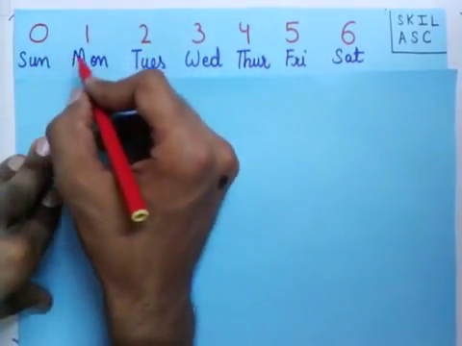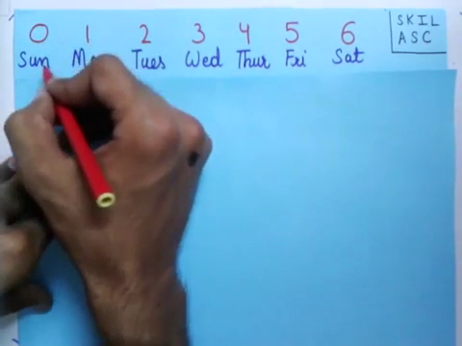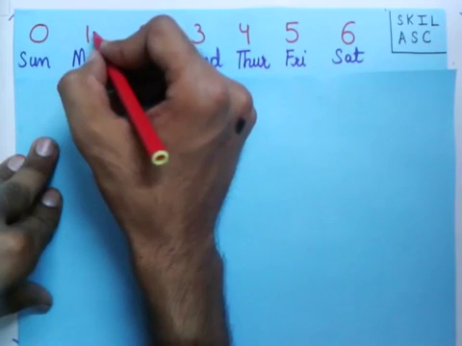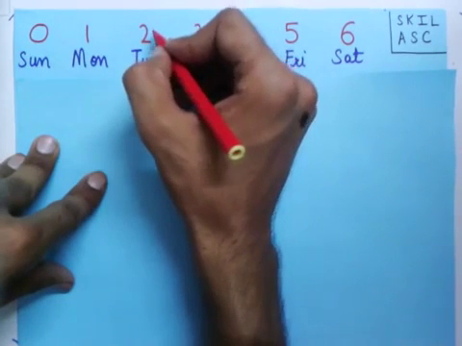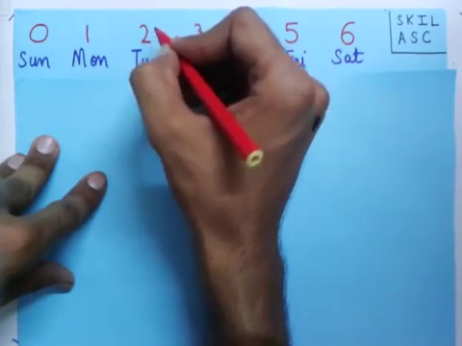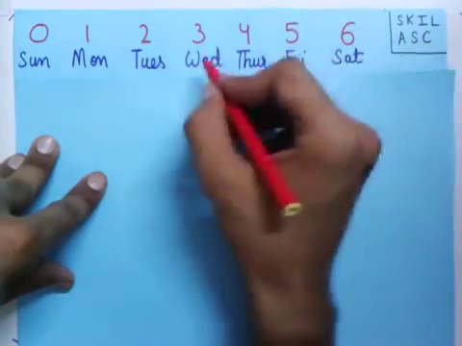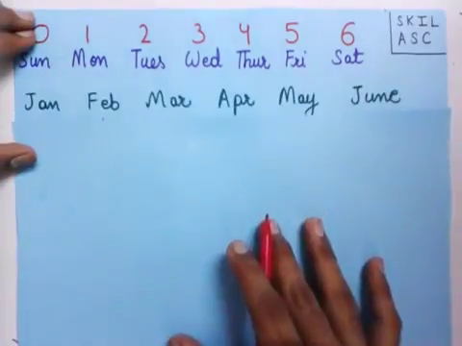If the number of odd days is 0, then the day will be Sunday. If it is 1, then the day will be Monday. If it is 2, then the day will be Tuesday. And similarly for the other days. So you must remember this data.